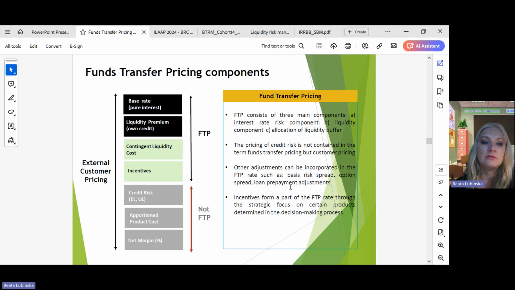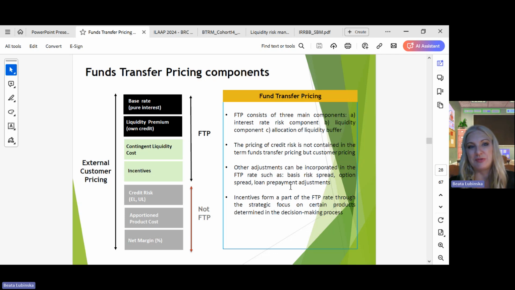There is also the cost of this product, of the channel, the commercial network, of people who are advertising the product, all other costs which are included in the origination of the product, and of course these have to be priced out. And on top of this, you have the net margin which you want to get.